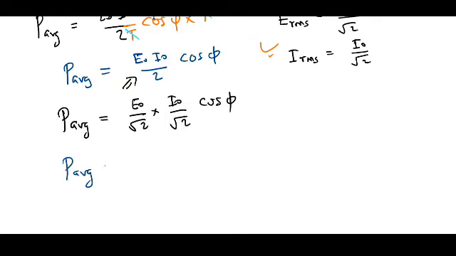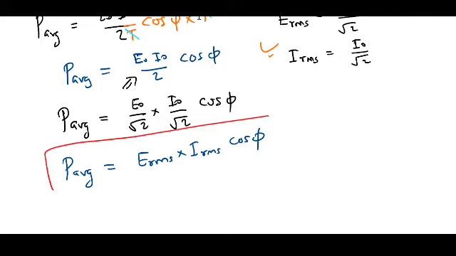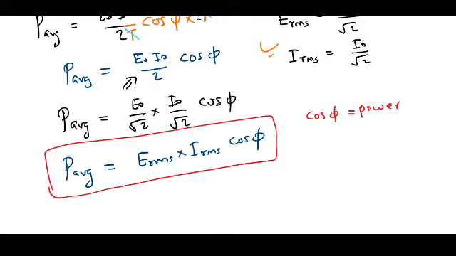Therefore, P average is equal to E RMS into I RMS into cos phi. Fine. This is the average power dissipated in the LR circuit, where this cos phi is the power factor.